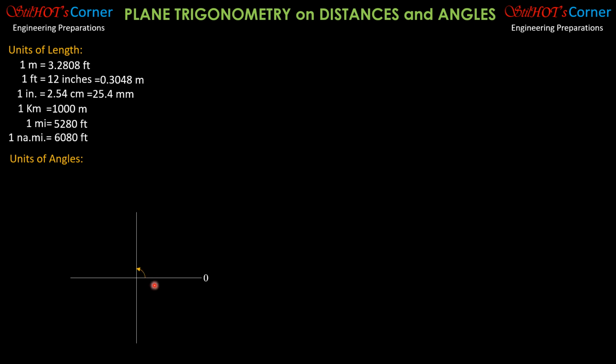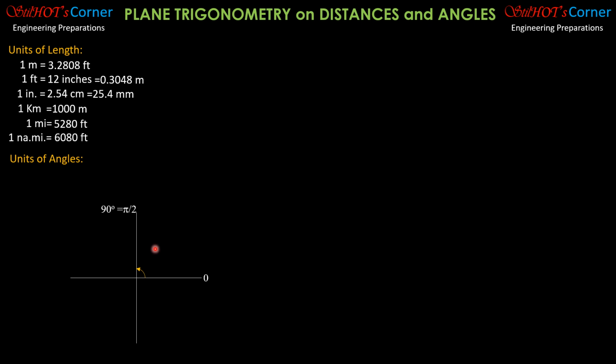This is equal to 90 degrees, which is equal to pi over 2 radians, because the whole full angle is 360 degrees, or 2 pi radians, 400 grads, approximately 6,400 mils.